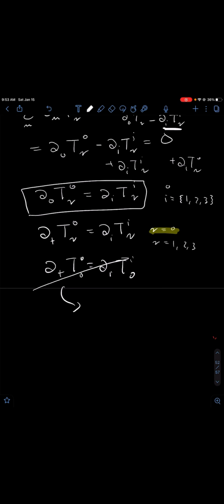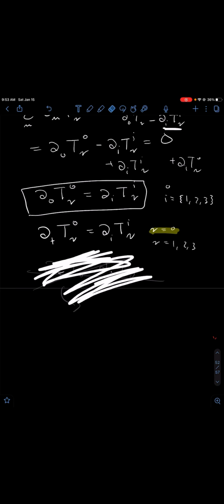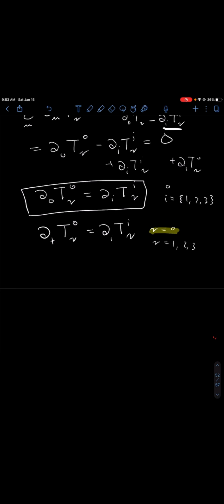Instead of nu equals 0, we can consider the conserved quantity for nu equals 1, 2, and 3.